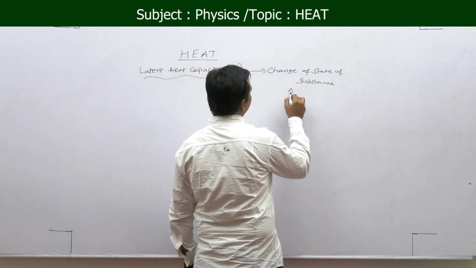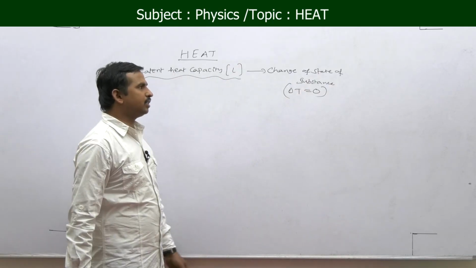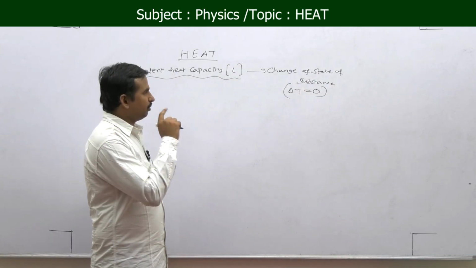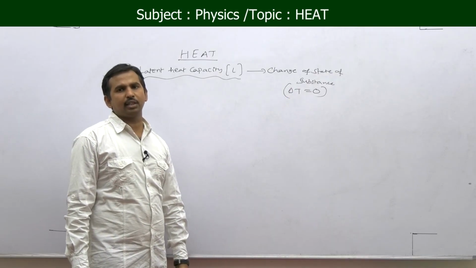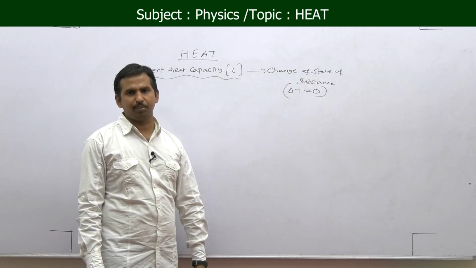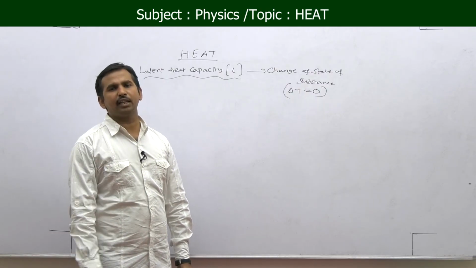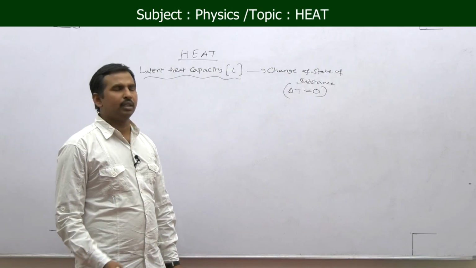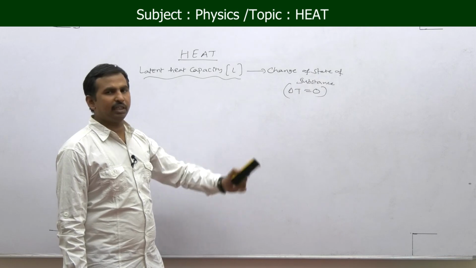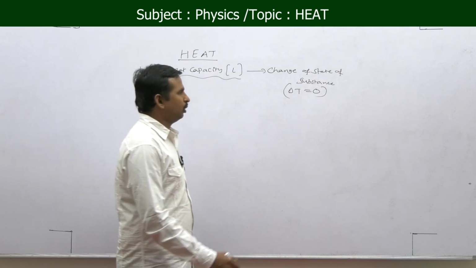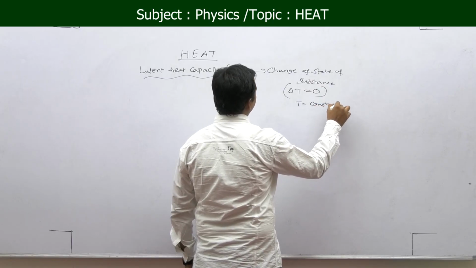Very, very important: there is no change of temperature if a change of state takes place, because during the change of state the substance is not utilizing the heat energy for increasing its temperature. It is utilized for some other purpose. As the kinetic energy is not changing, the temperature is also not changing. So the delta T value is 0, which means T is always constant here.